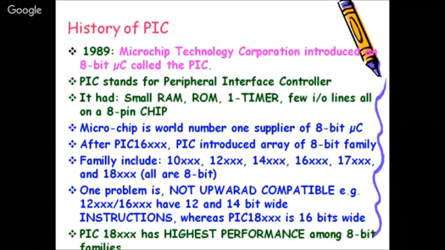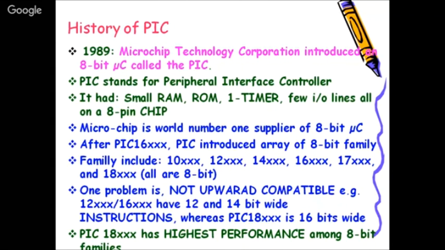So coming to the history first, in 1989, Microchip Technology Corporation introduced the 8-bit microcontroller called PIC. During those days, only Atmel or Intel's 8051 was most popular. You can say 8051 was the most popular in the microcontroller world.